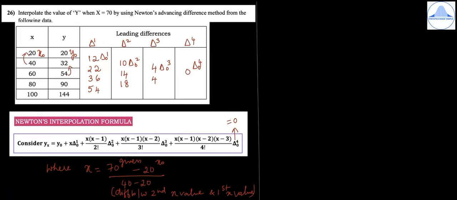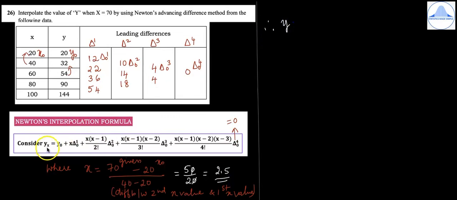So let us simplify. It is 70 minus 20 will be 50. So it is 50 divided by 20, which is equal to 2.5.